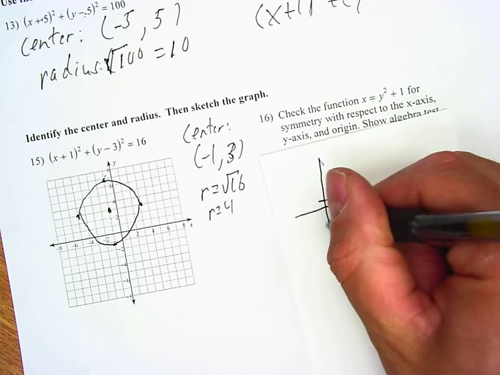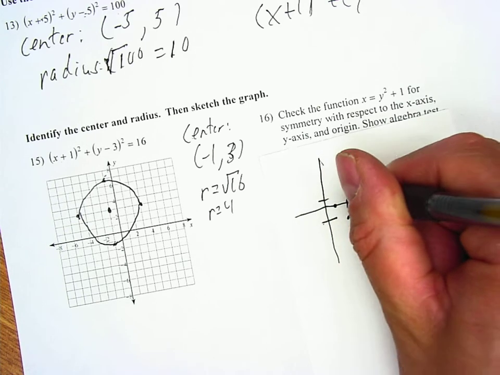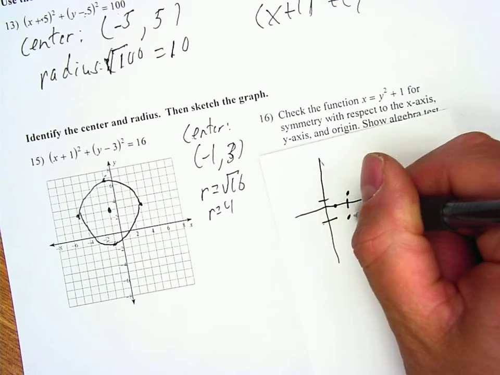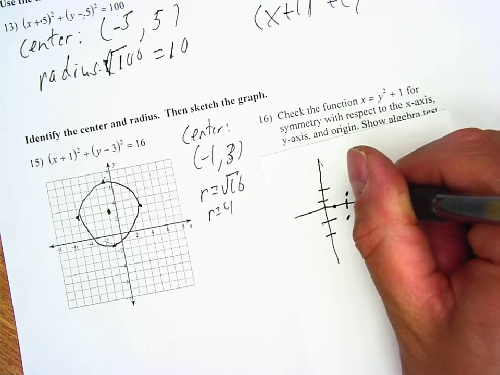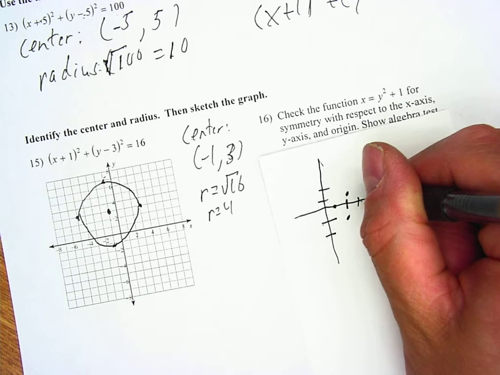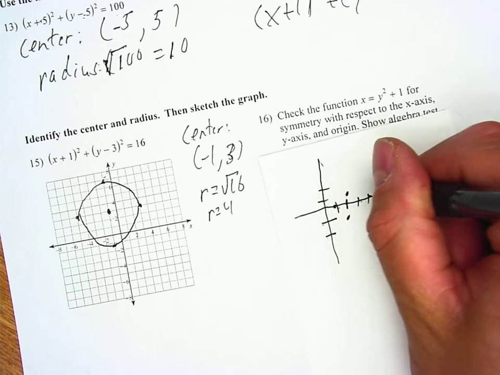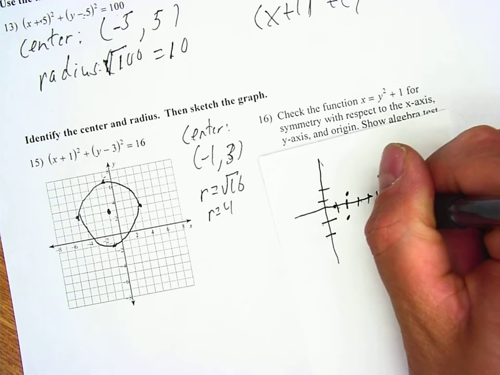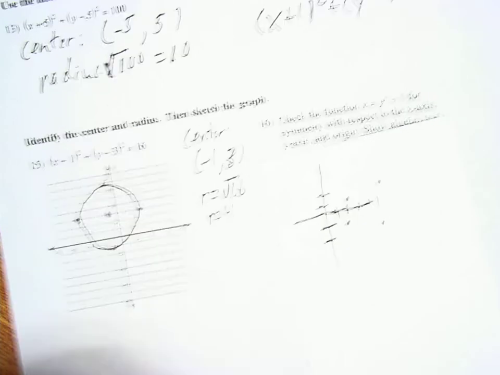This is a sideways facing parabola. Same if y was -1, x would be 2. That's why this has x-axis symmetry, because it folds this way. If y was 2 or -2, x would be 5. 1, 2, 3, 4, 5. So you see it folds this way. It folds from top to bottom.